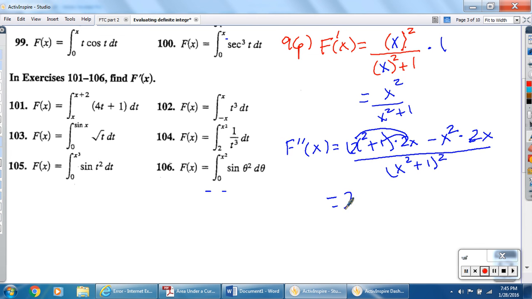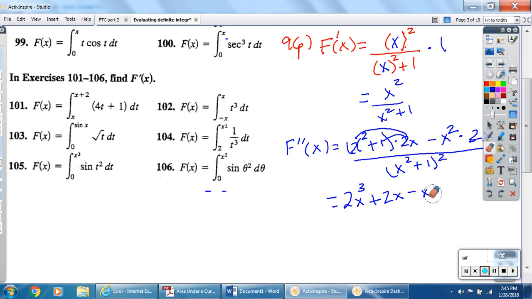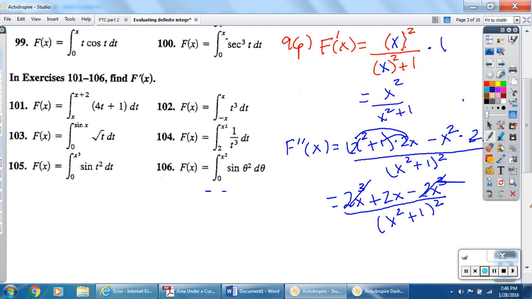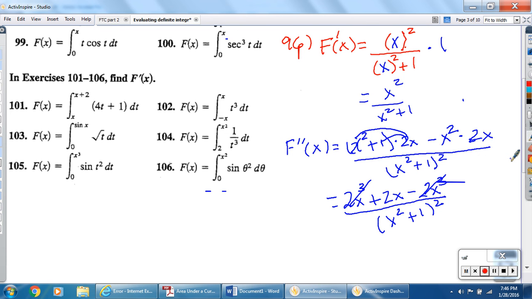So we had 2x cubed plus 2x minus x squared times 2x, so that's going to be 2x cubed over x squared plus 1 squared, and the 2x cubed and the 2x cubed divide out, and you end up with 2x over x squared plus 1 quantity squared.